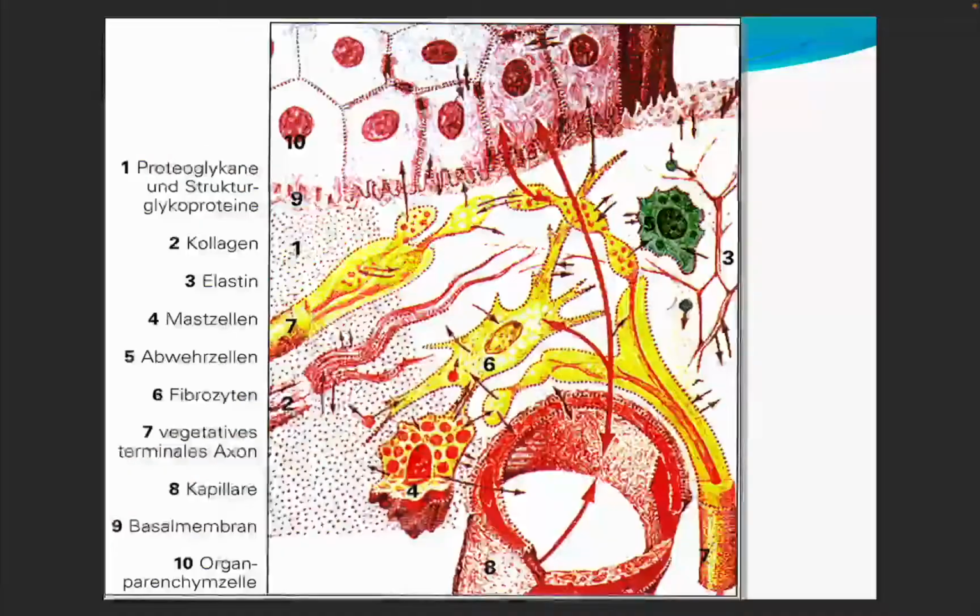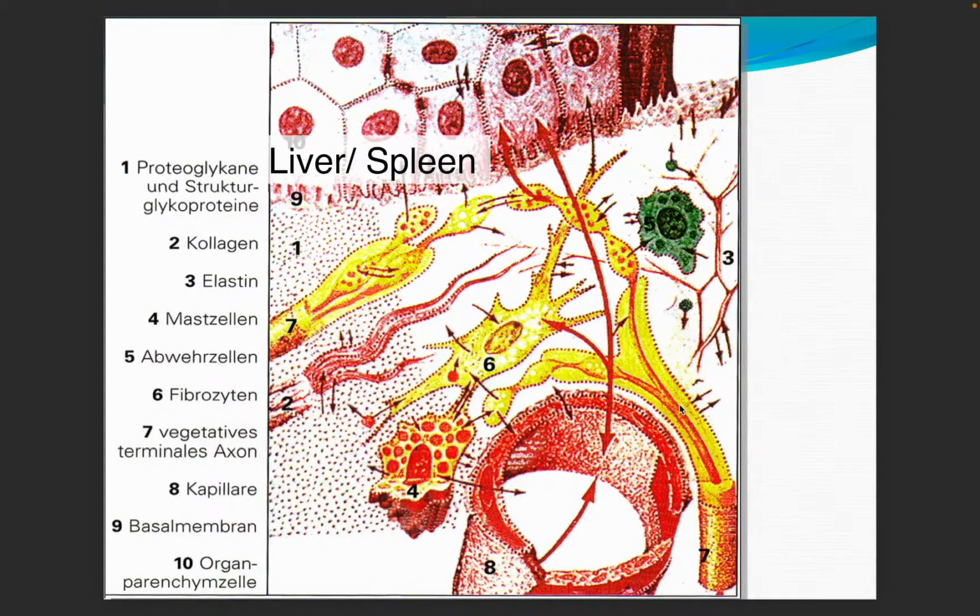And we see here, if this was, for example, the liver or the spleen, then we'd see that the autonomic nervous system is able to regulate and instruct these cells of the liver or spleen, while at the same time it's also able to instruct and regulate the cells of the circulatory system here. So now we know that the autonomic nervous system can interface with the cells of the circulatory part of the immune system as well as those of the structural part.